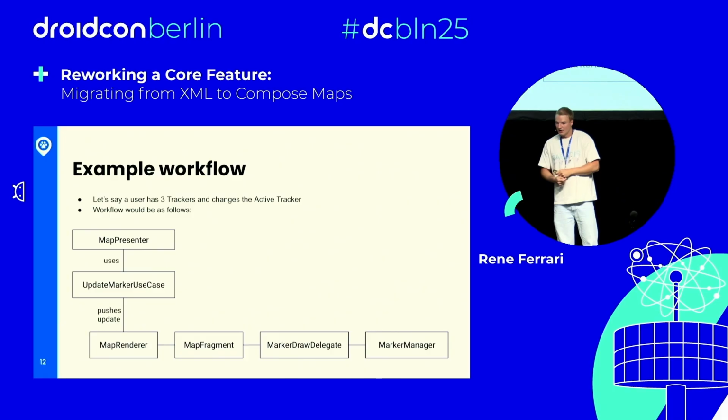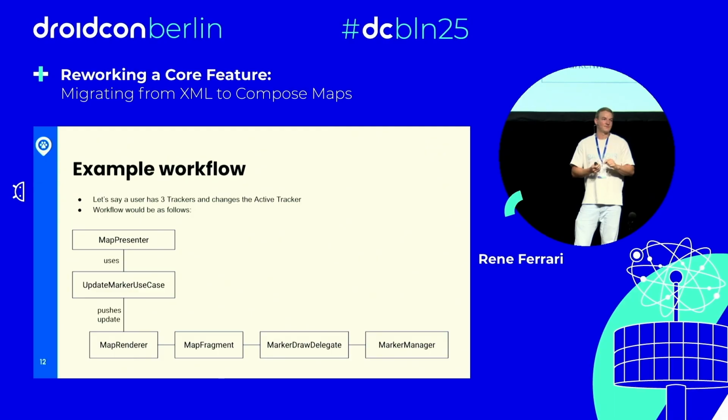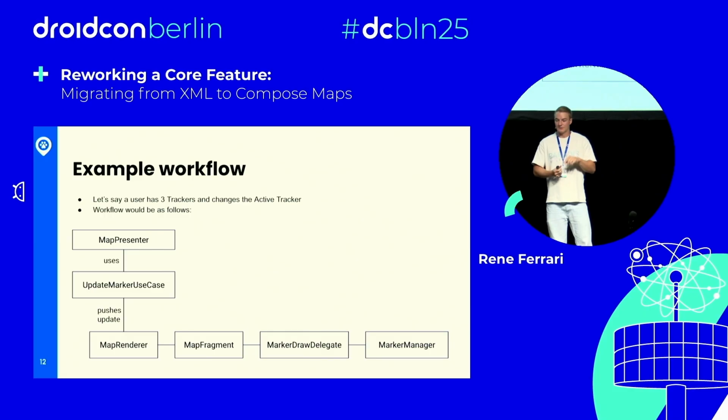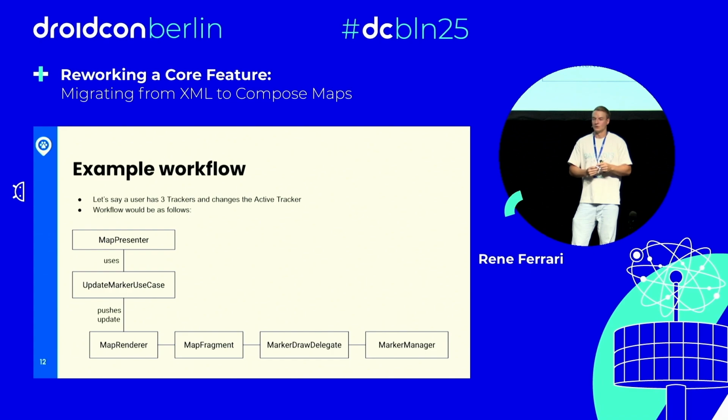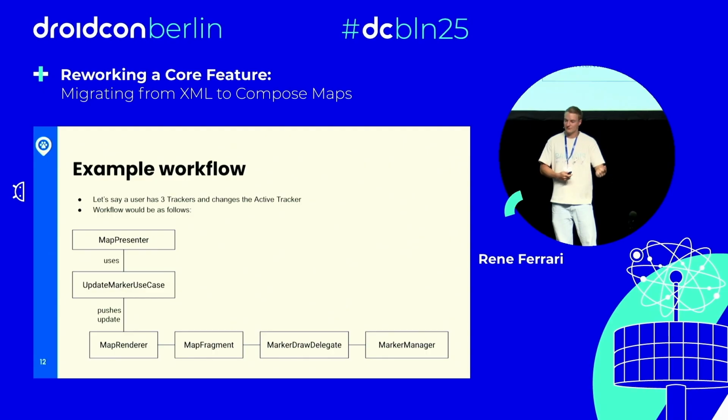So an example back then would be, okay, I have 3 trackers in my app, and I change the active tracker. So I tap on the tracker I want to have in focus. Then the map presenter, which uses the use case, would then push the update, goes through the renderer, through the UI, and then through the marker draw delegate, and then finally to the marker manager.